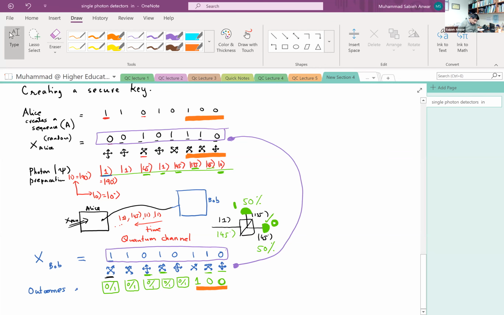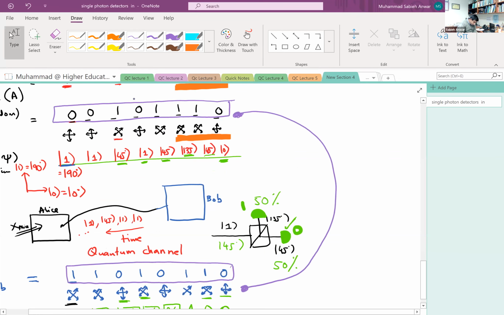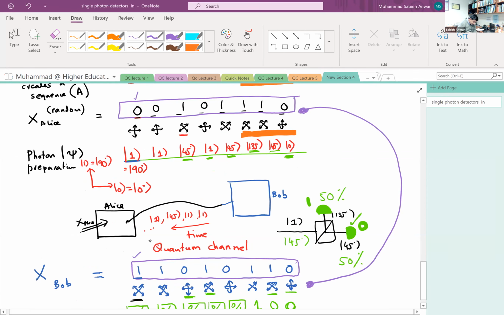Both of these are random sequences. Here I have 0 at Alice's end, and at Bob's end I have 1. So Alice is preparing in one basis, whereas Bob is measuring in a conjugate basis, in a different basis. However, for the last three occurrences, both Alice and Bob are preparing and measuring in the same basis. So the bases match.